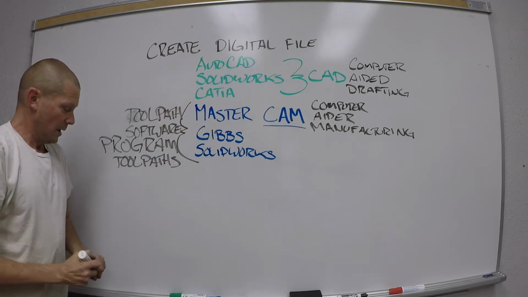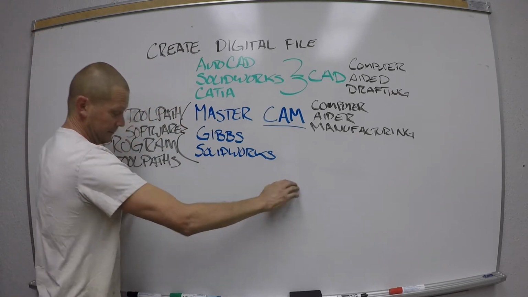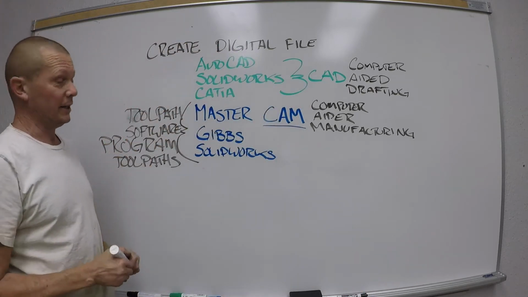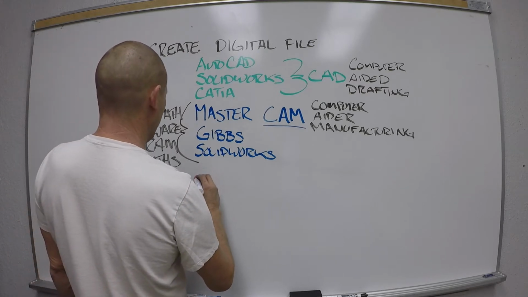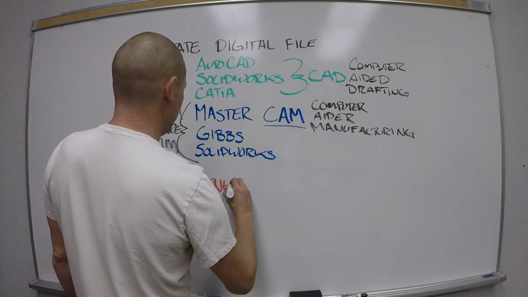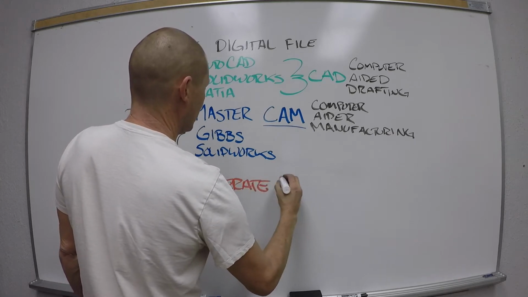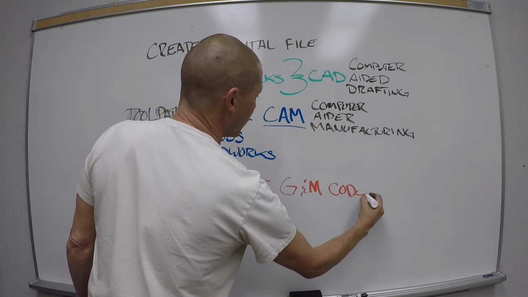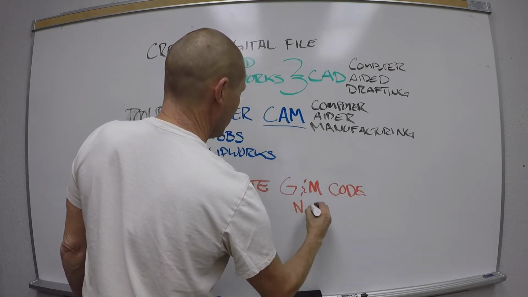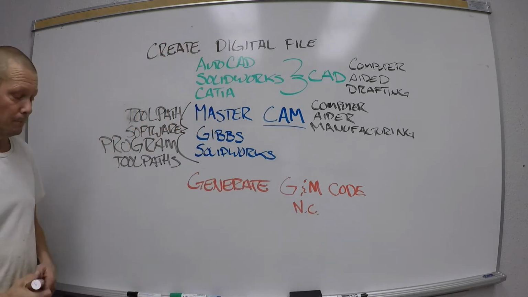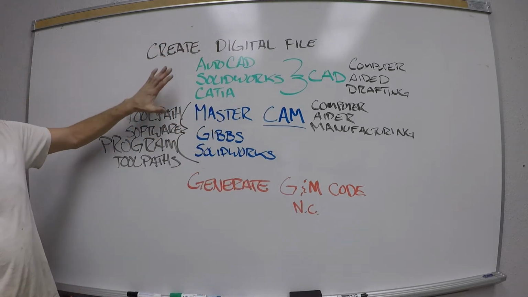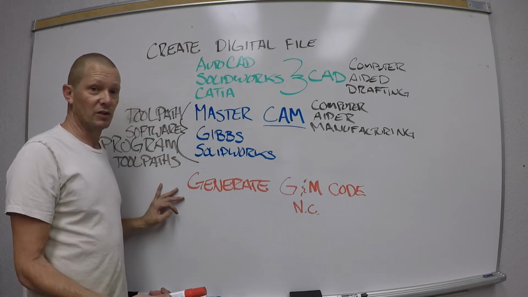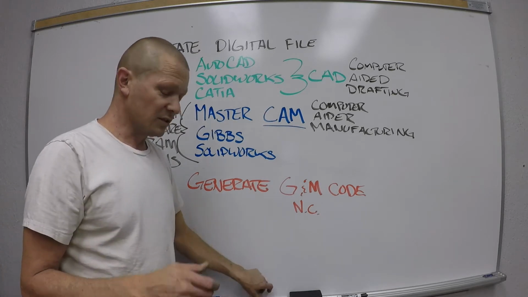And then once that's done, we move into another software package that generates our G and M code, or CNC code. That is the steps of what it takes to then load the part into the CNC machine.